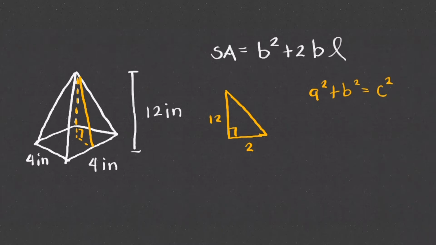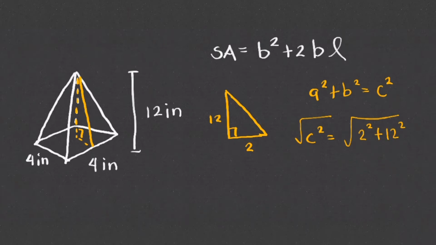So a and b can be either the adjacent or the opposite, but in this case, let's make a the adjacent. And to solve for the value, we need to eliminate the square by getting the square root. So the square root of c squared is equal to the square root of 2 squared plus 12 squared.